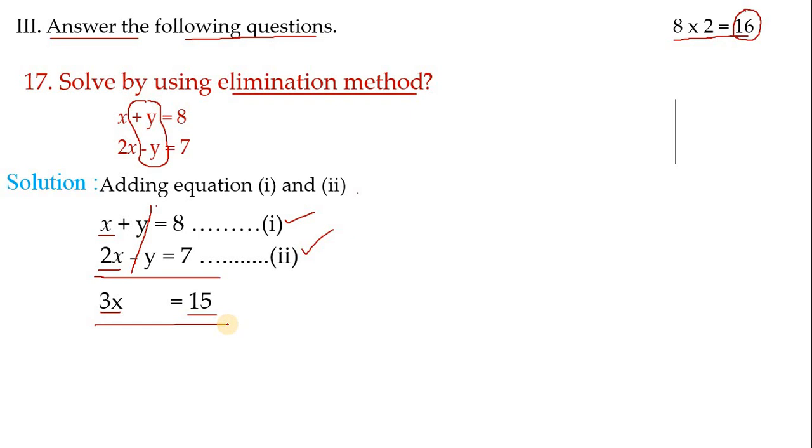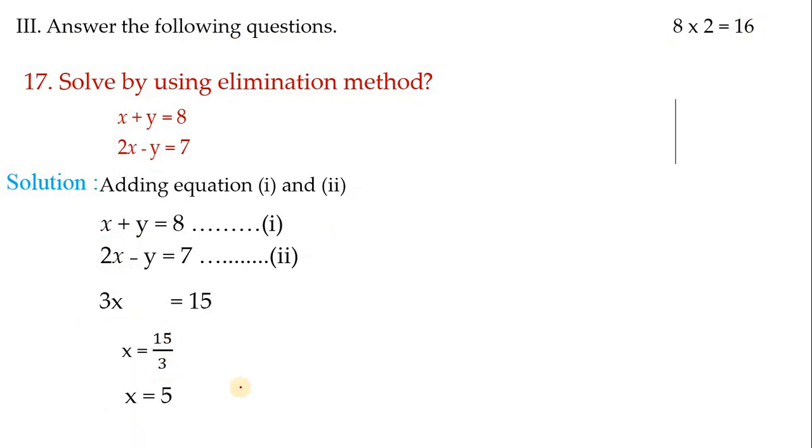So 3x equals 15. Now to find x value, 3 transfers to the other side and becomes the denominator. 3 fives are 15, so x equals 5.